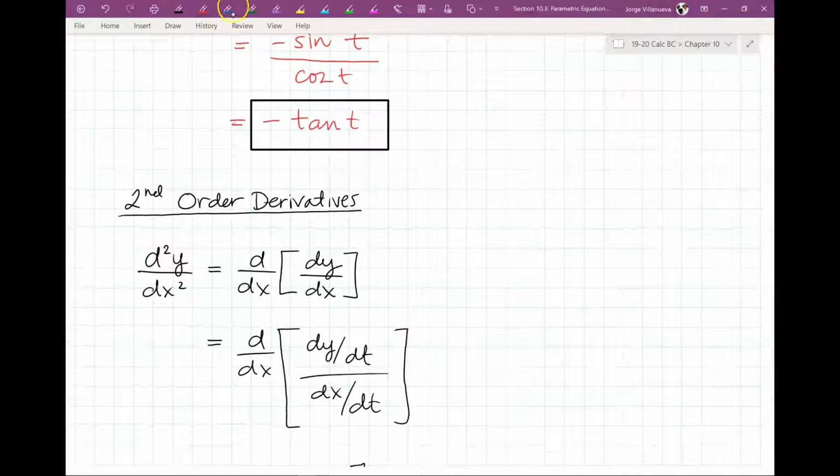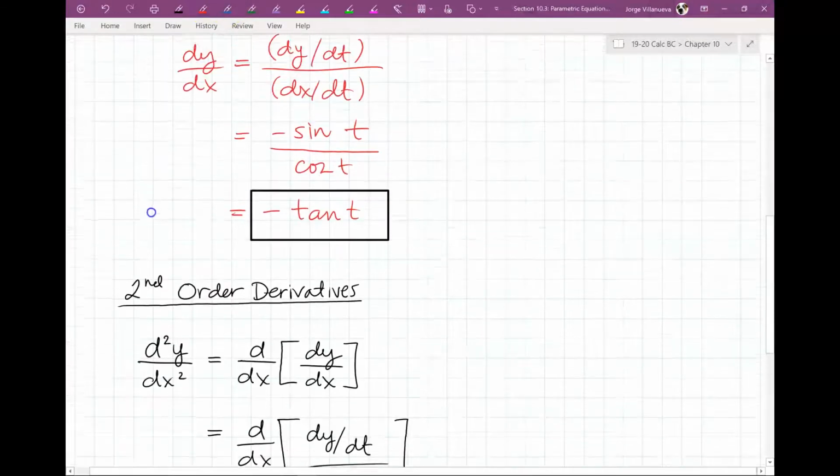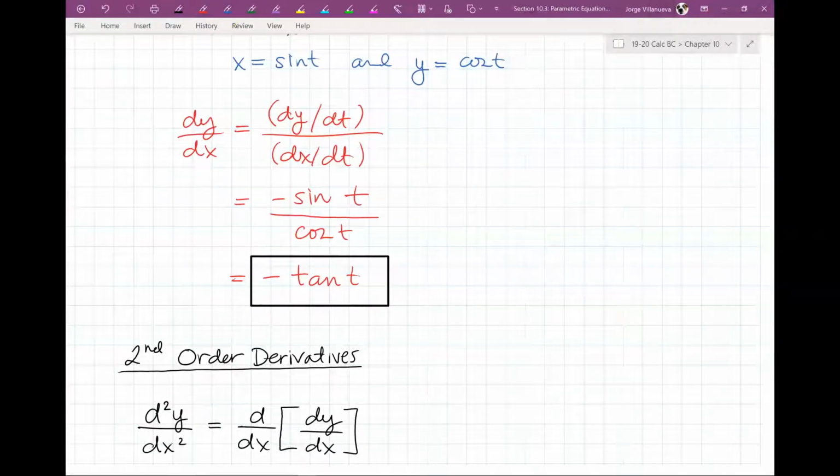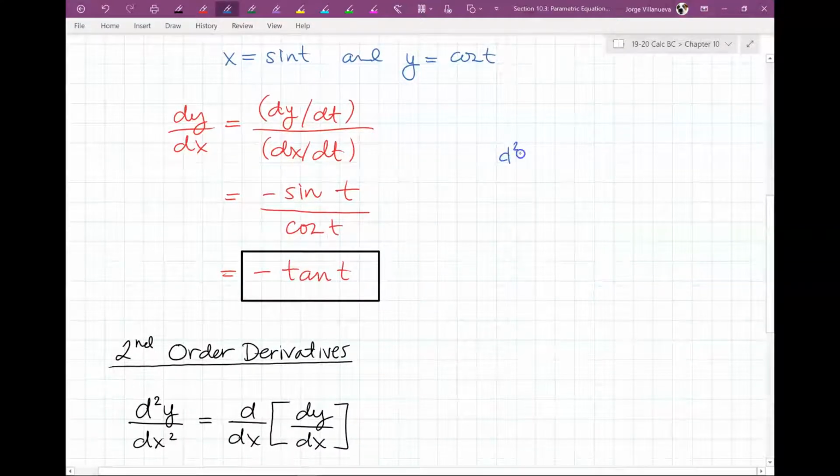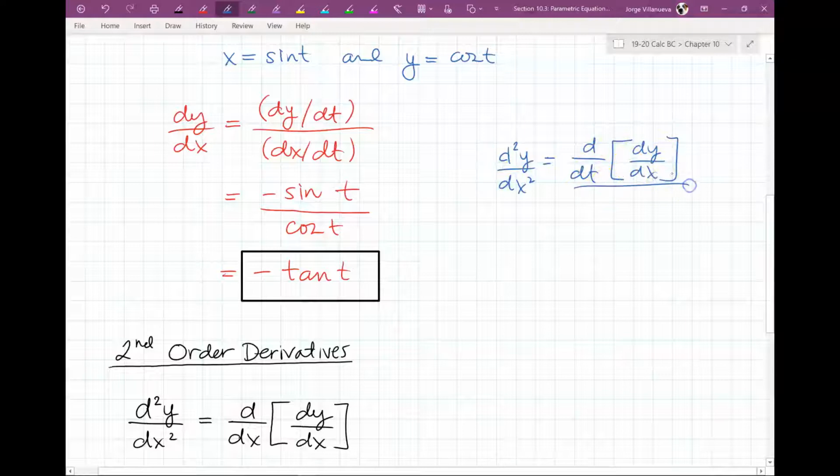I know I have an example already set up for us, but let's look at this answer right here that we did before. So our first derivative was negative tangent of t, right? So if I wanted to take the second derivative of this, right, d squared y/dx squared, it's by definition d/dt of dy/dx over dx/dt.